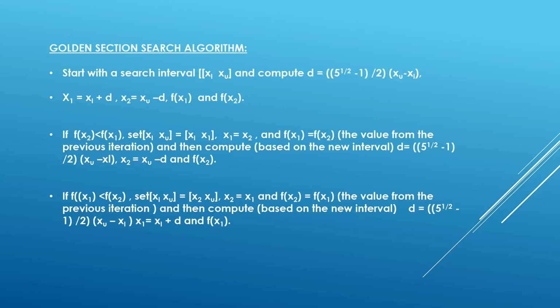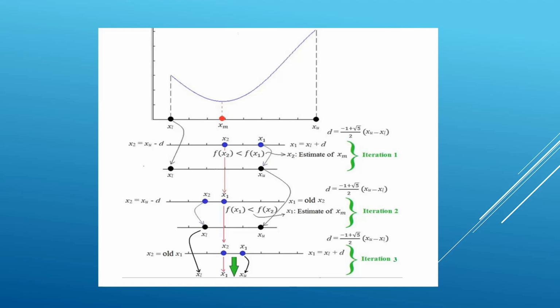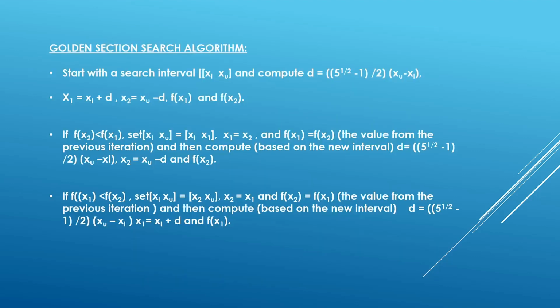These xl and xu are the extreme ends of the interval that we have taken, and we are finding the points between them using x1 equals xl plus d and x2 equals xu minus d, and we find the function values at those points. If f of x2 is less than f of x1, then a new set of intervals is introduced in our algorithm.